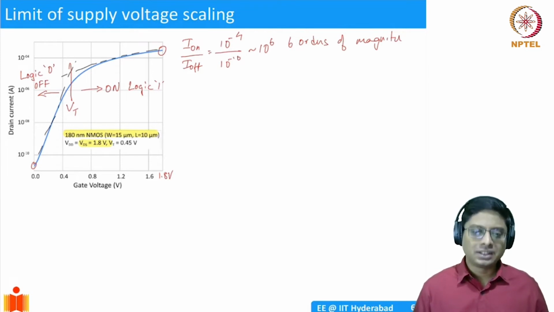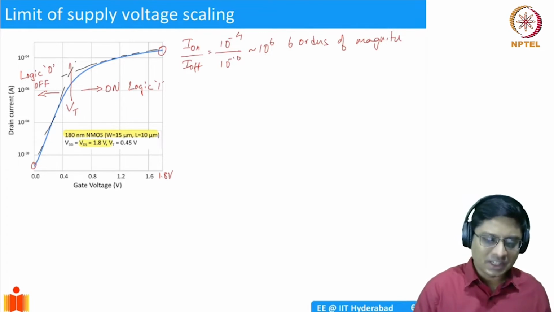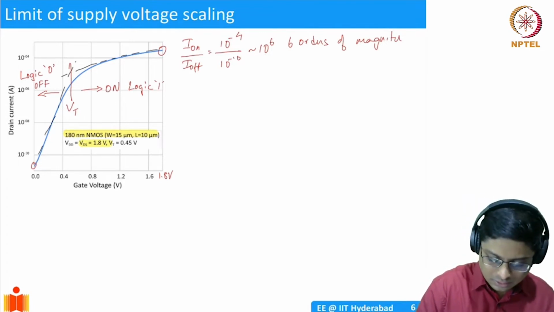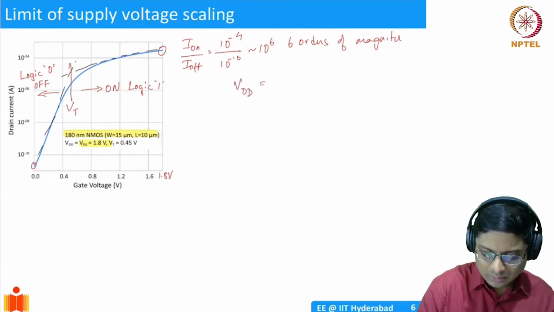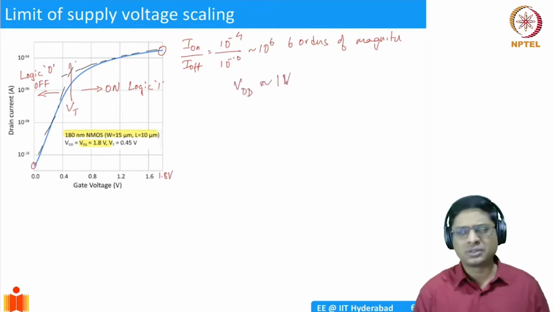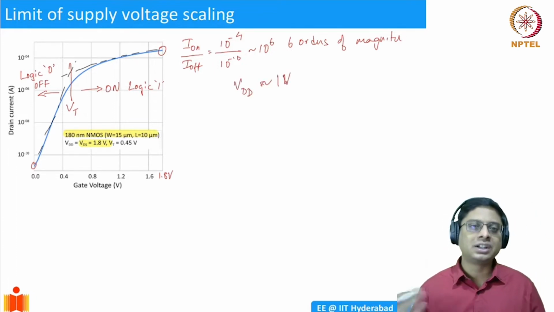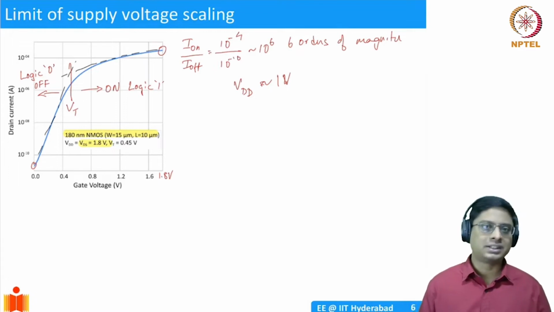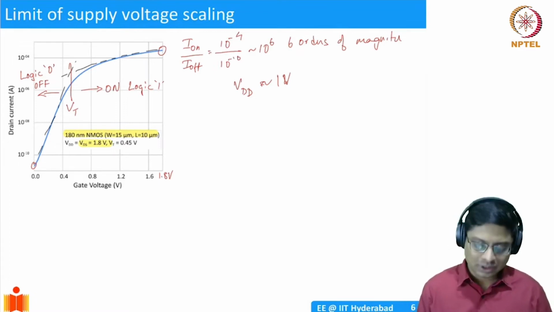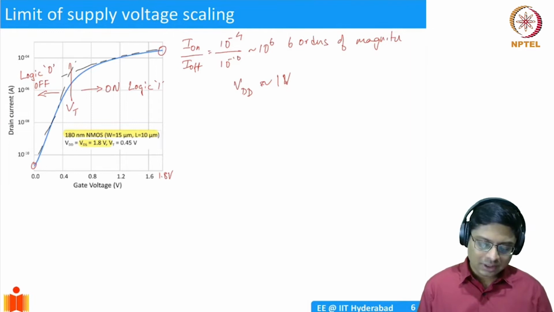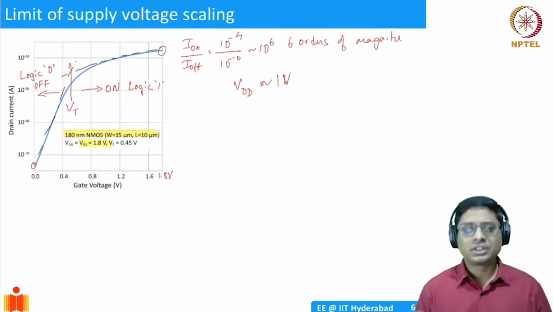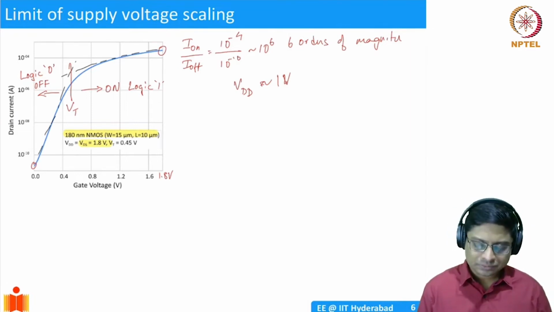So because of that, for the latest generation technologies in the last 10 years, VDD has been roughly about 1 volt. Sometimes it might be 1.1 or 0.9. Each foundry will have a different number, but roughly about 1 volt. The reason is, say the threshold voltage is 0.4 or 0.45.